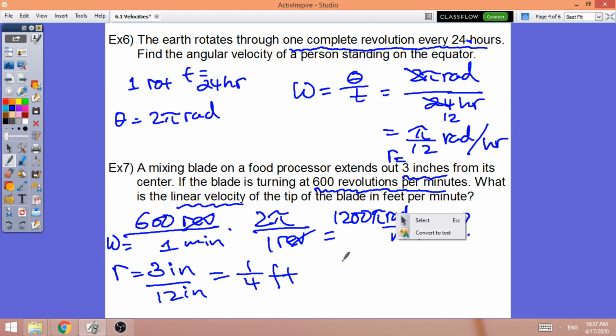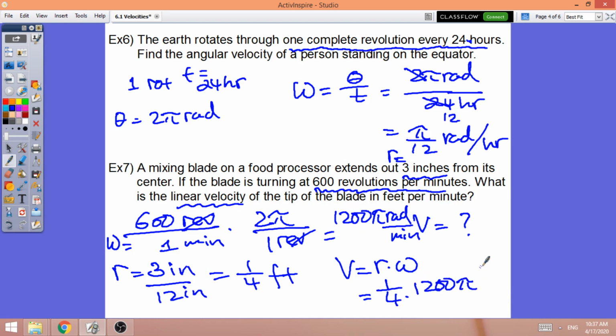And we do know that V equals R times omega. Back to the third formula, the one we talked about today. So radius, 1/4, and the angular velocity, it's 1,200 pi. Cross cancel. So 4 got canceled. So 1,200 divided by 4 is 300. So we do have 300 pi. And the unit, guess what?